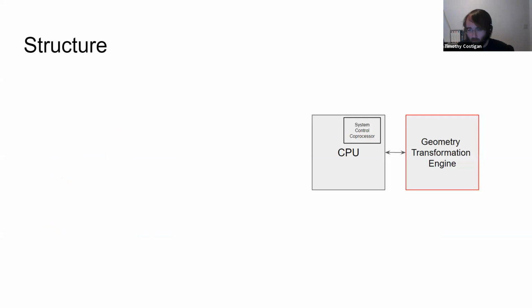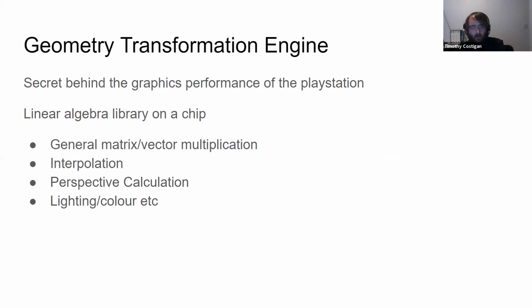So the other coprocessor is something called the geometry transformation engine. And actually, on most MIPS computers, this was where the floating point unit was. But on the PlayStation, they decided to omit a floating point unit, and they put this in. And this was the secret sauce of the PlayStation. It's basically a linear algebra library on a chip.